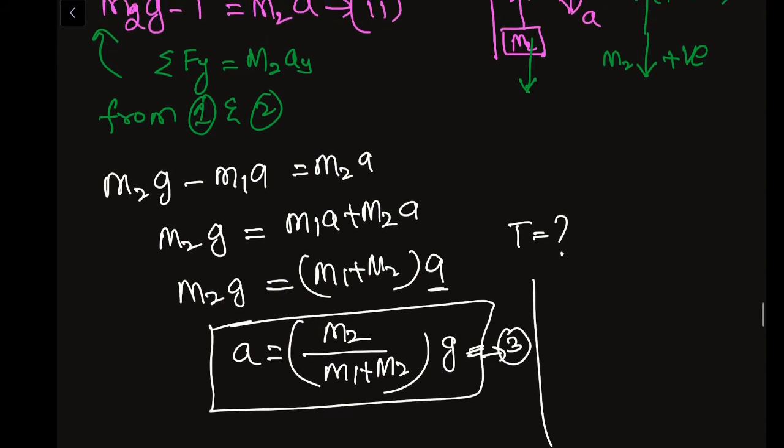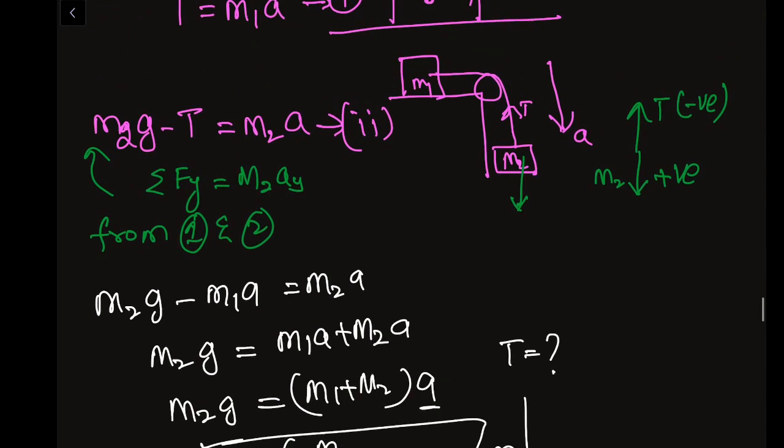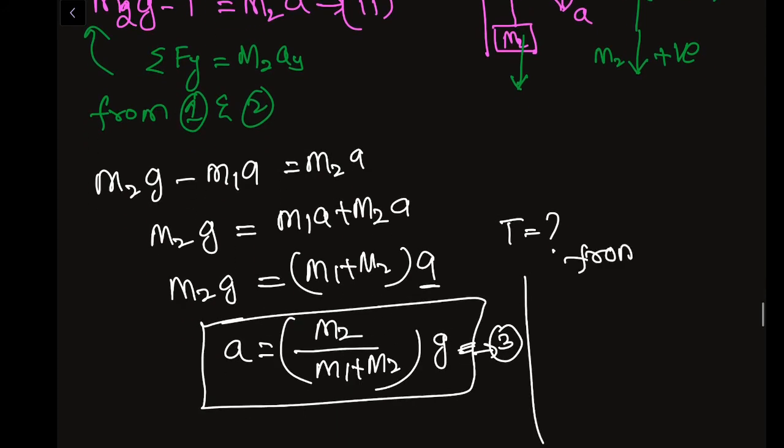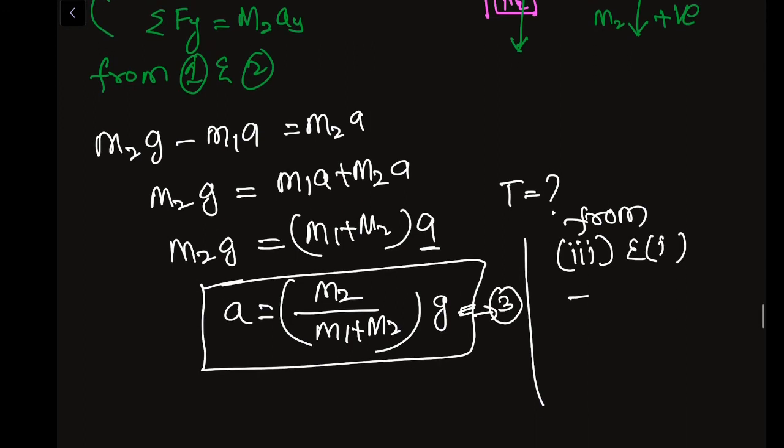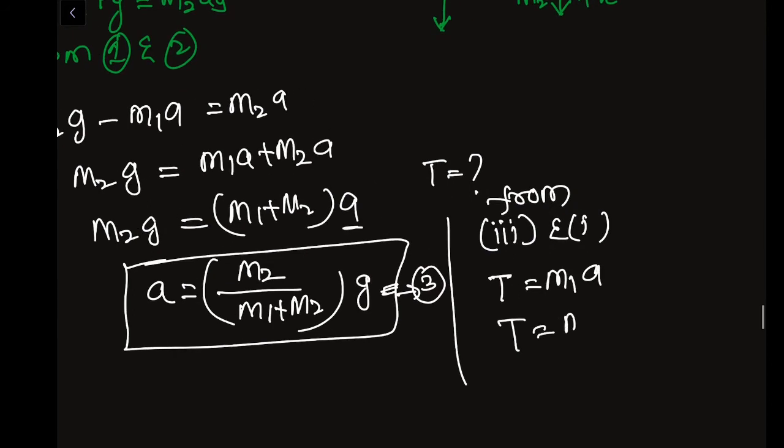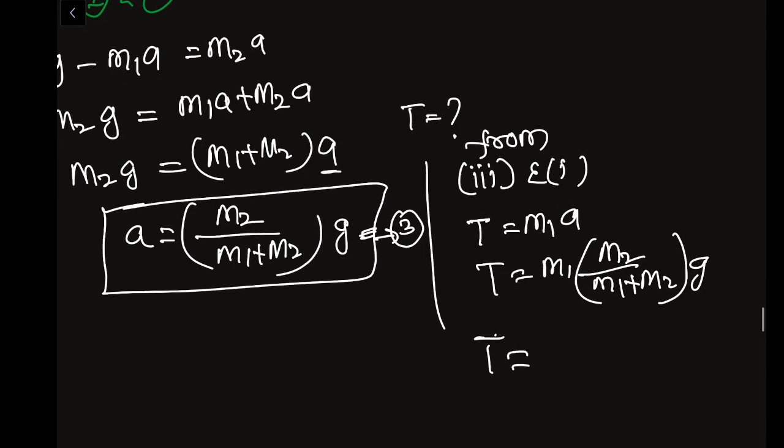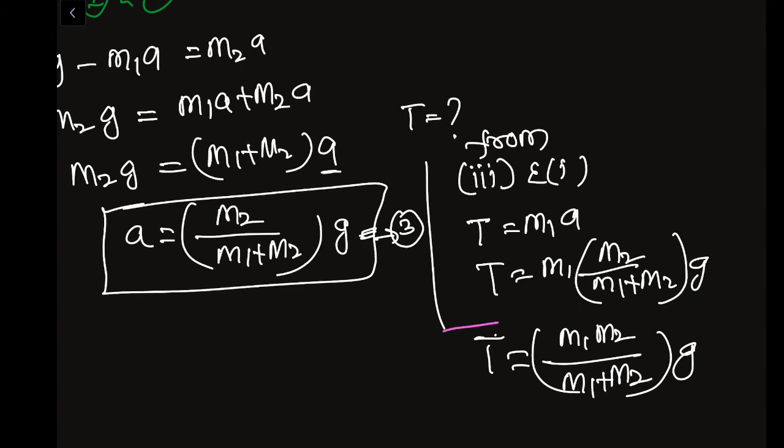From equation 3 and equation 1, we know that T is equal to M1A, so T is equal to M1 into M2 by (M1 plus M2) into G. Rearranging, T is equal to M1 M2 by (M1 plus M2) into G. So this is the tension.